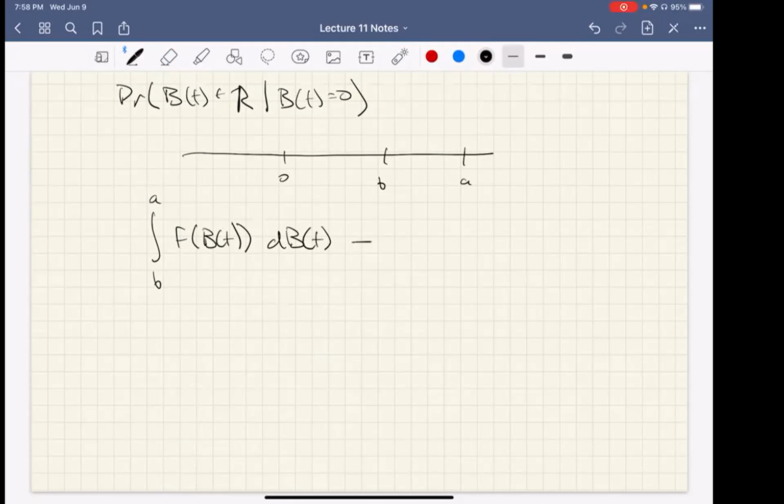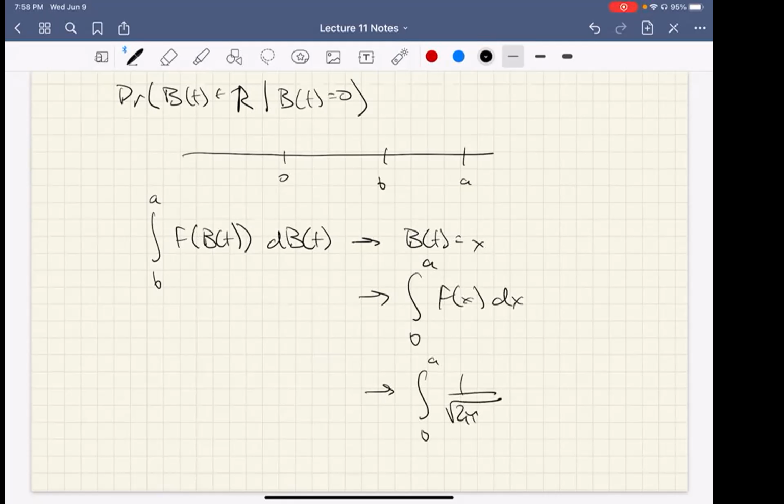For notational convenience, I'll let B of t equal x. So this is the integral from B to A, f of x dx, where x is a Gaussian random variable. So this becomes the integral from B to A of 1 over root 2 pi.